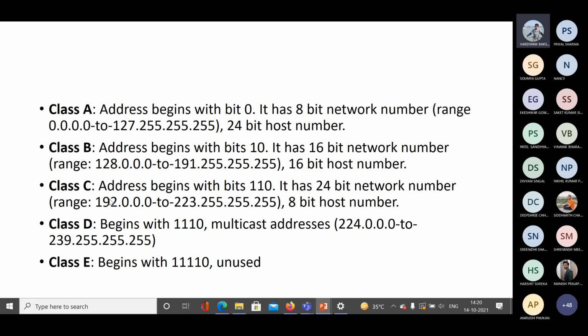For class C, your address will begin with 110, and you have a 24-bit network part and an 8-bit host part. For class D, your address will begin with 1110. It is a multicast address. And class E, which is in general not used, begins with 4 ones. Then the rest of the part is given as 0 here. 4 ones is what class E starts with.